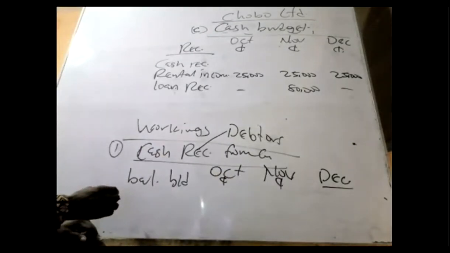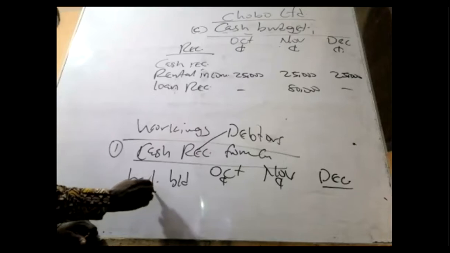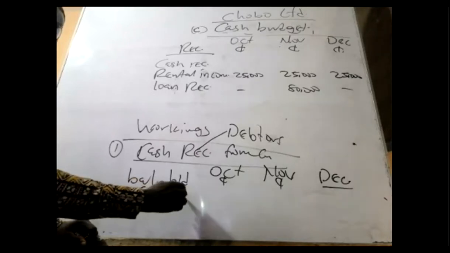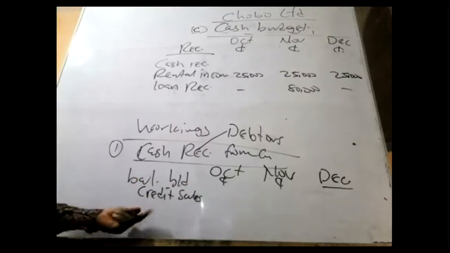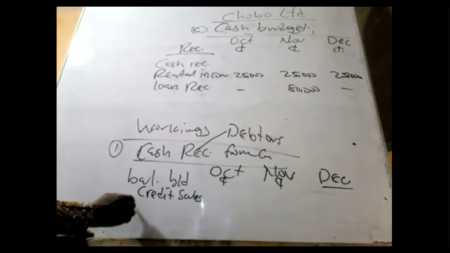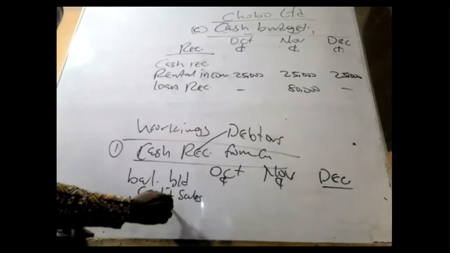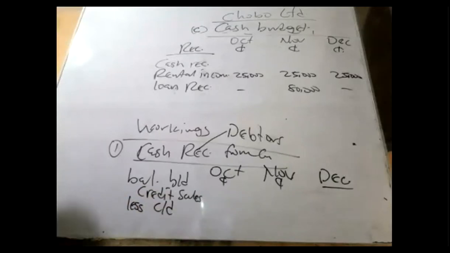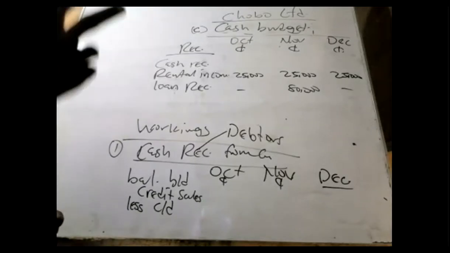Then add your credit sales to it, or if there's no credit sales, pick total sales. Then less the closing balance.